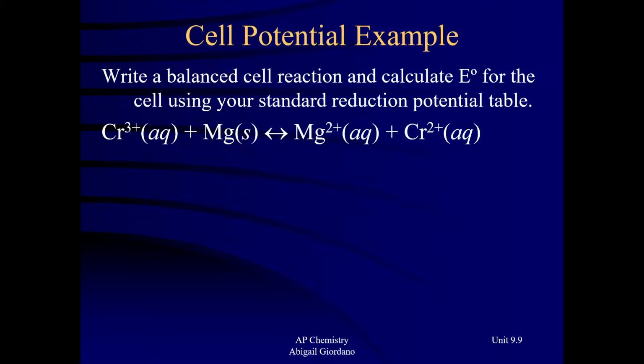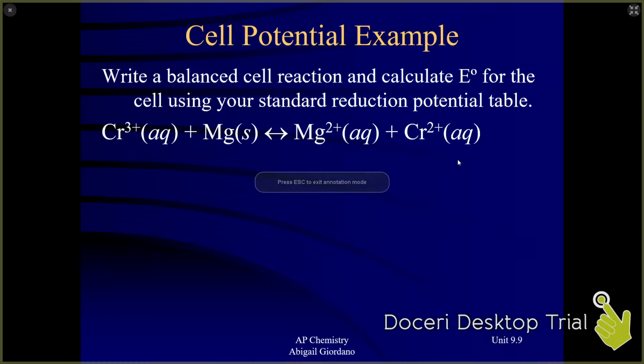So here's how we're going to approach this. What I'm going to do is have my standard reduction potential table in front of me, and I'm going to find the two half reactions that are involved in this redox reaction. So the first thing I'm going to do is try to find the half reaction that involves chromium +3 and chromium +2 ion.